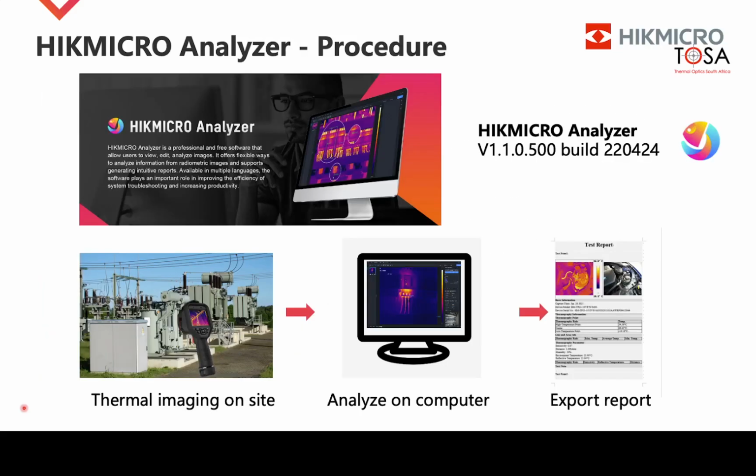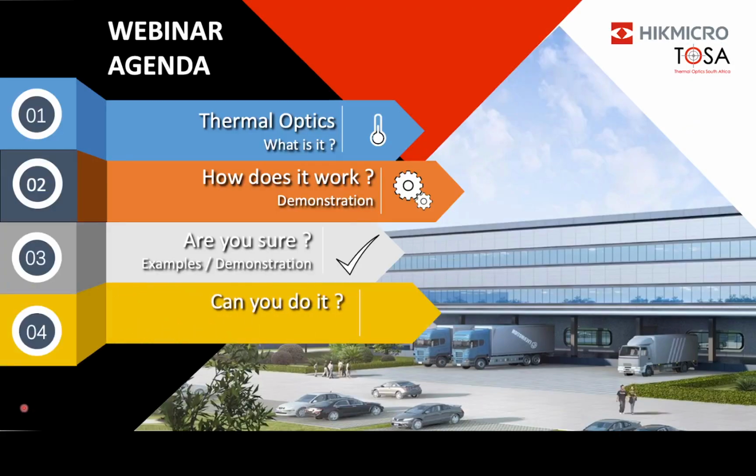Then the analyzer was the software that we looked at previously. We can analyze it on the computer, and I've shown you how we can export a report. And again, this is free software that you get when you buy a thermal camera from HIKMICRO.